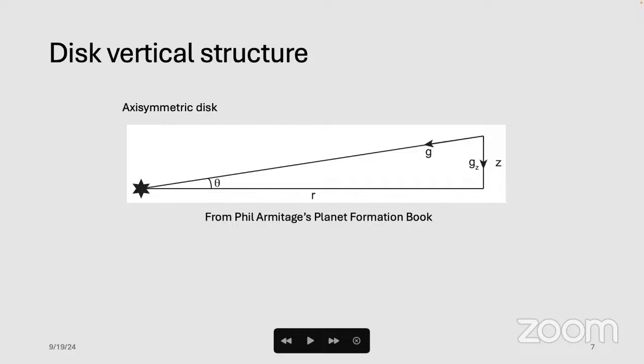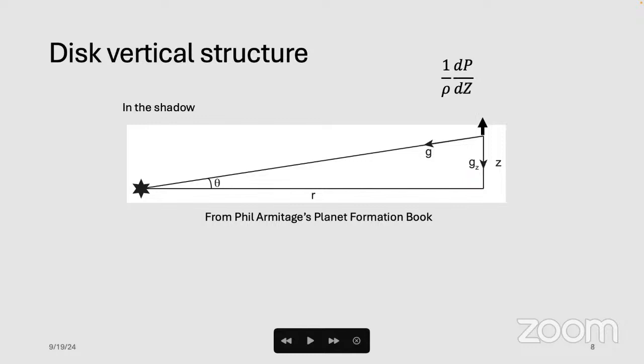If you want to calculate the vertical structure of a global planetary disk, or you want to calculate the scale height of the Earth's atmosphere, you would want to balance the vertical gravity with the pressure gradient. And if you balance these two terms, you would work out the vertical structure of the disk. And it is exponential, some Gaussian.